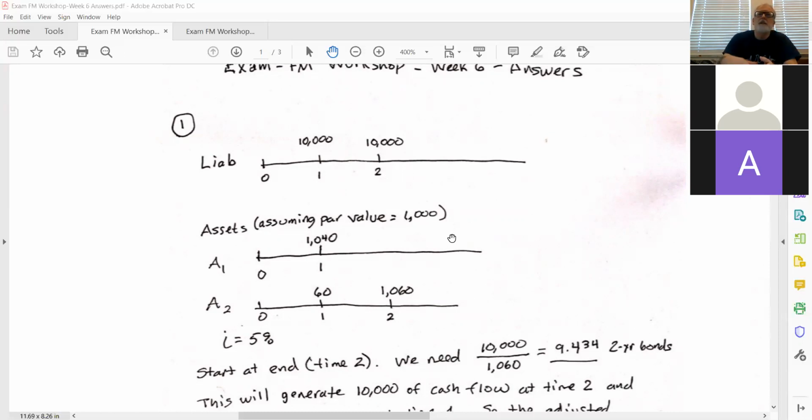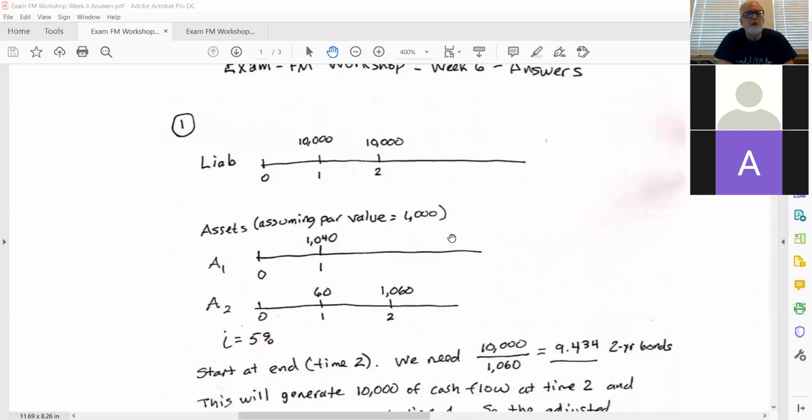Well, as I said in my email, there are two things to go over today. One is to go over the solutions to the 11 problems on immunization. We're down to just two more topics.